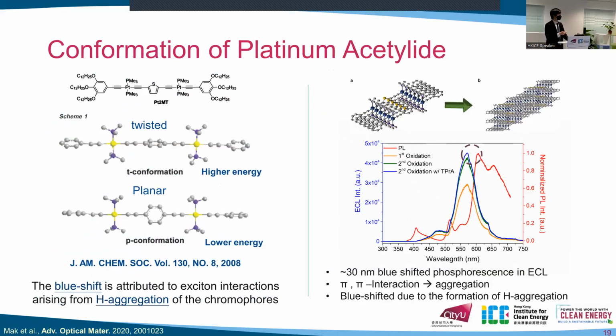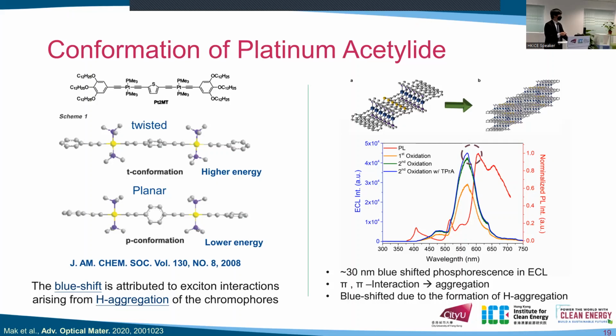Another interesting feature of this compound is there is a 30 nanometer redshift in the ECL compared to the photoluminescence. To explain this, we found literature that explains it is possible that the transient species can undergo aggregation, and they can also form a T conformation in the solid state, which has higher energy compared to the P conformation.